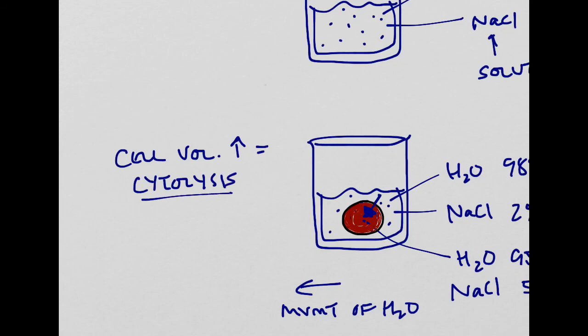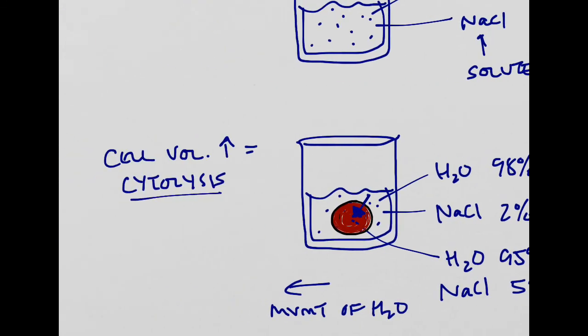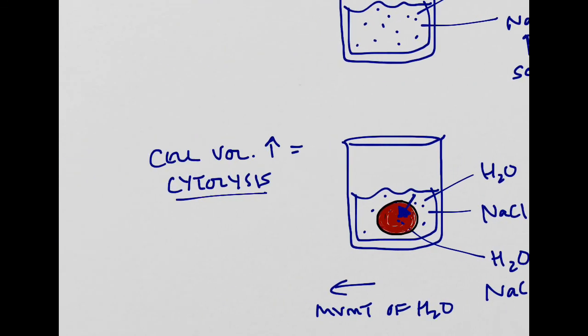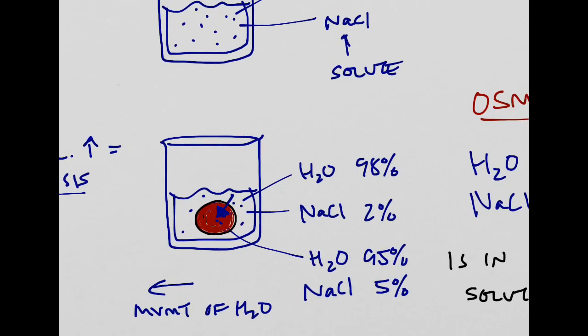Cytolysis. So whenever a cell is placed in a hypotonic solution, water will go into the cell, which will lead to cytolysis. Now, if you have an extreme difference, let's say the solution around the cell is 80% water and 20% sodium chloride.